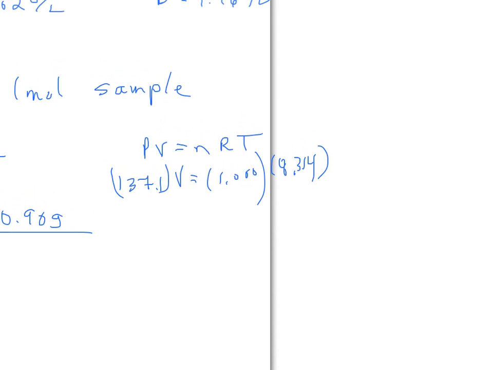And the temperature is 15.2 degrees Celsius, so converted into Kelvin, that's 288.2. If you rearrange for the volume, our 1 mole sample of chlorine gas will be 17.48 liters.